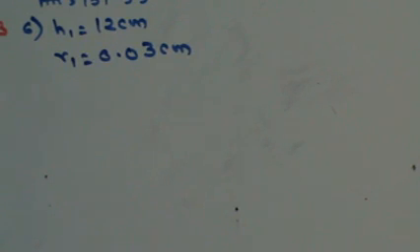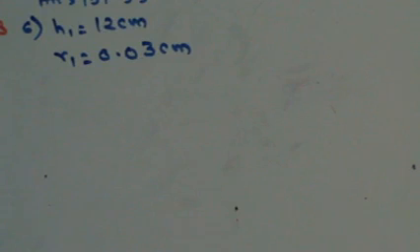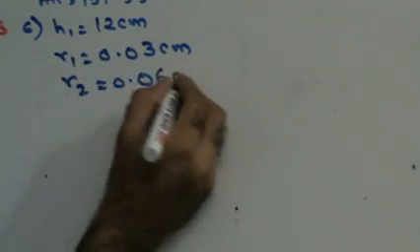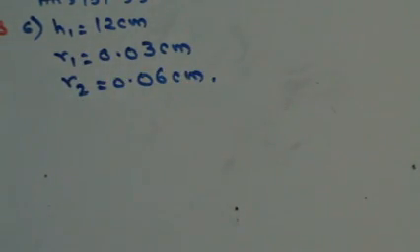What will be the height of the liquid column in a capillary tube of radius 0.06 centimeters?